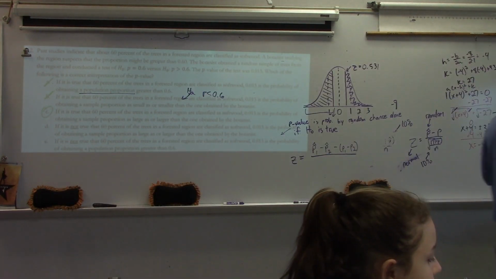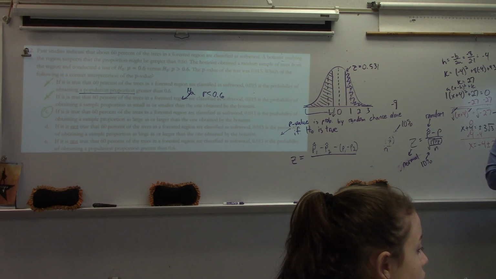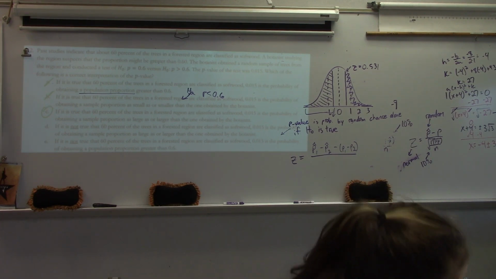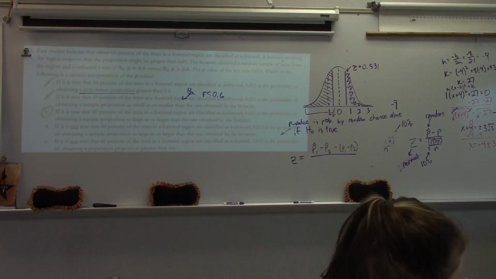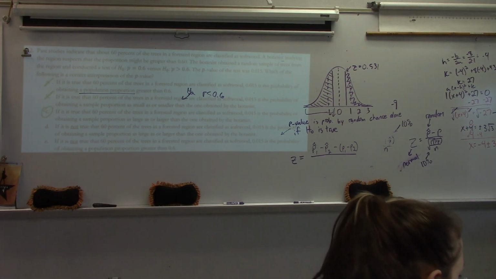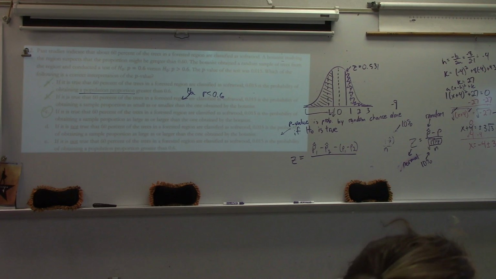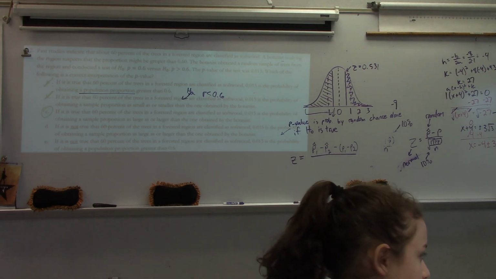Remember, to do a p-value, the whole thing is the assumption is that the null is true. Guys, the whole thing with the p-value is assuming that the null is true. And so all I did was I took that wording and I put it into context here.